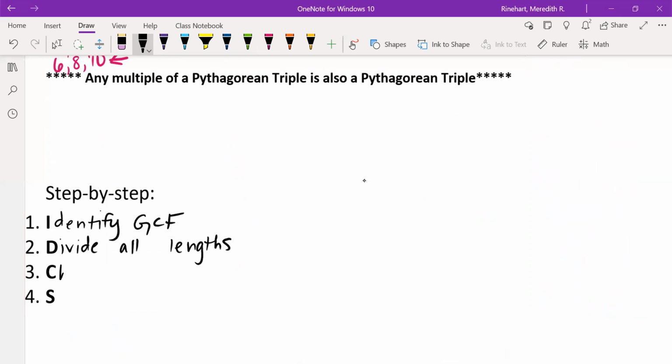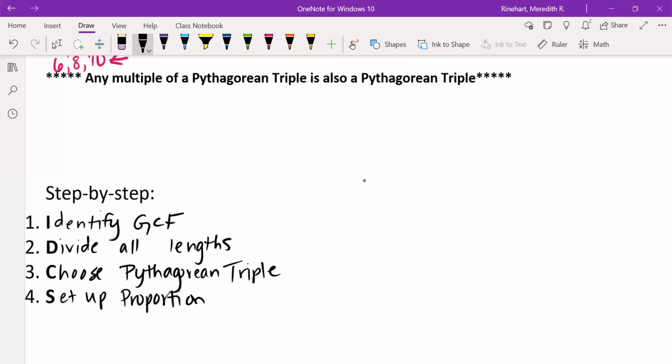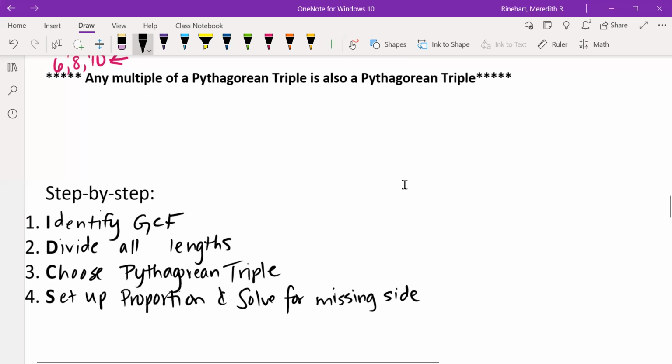Then we're going to choose our Pythagorean triple that we're using. And then we're going to set up a proportion and solve for the missing side. So let's do an example of this.